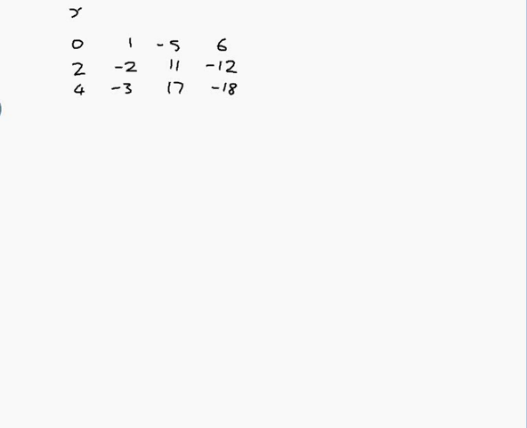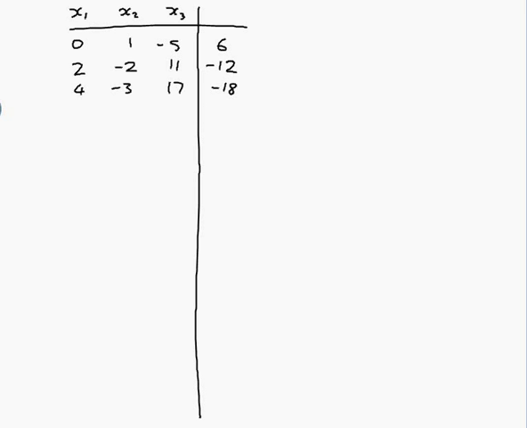The first column was for x1, the second column was for x2, and the third column was for x3. And I'll write the matrices that this changes into from the row operations below, and I'll continue as I go.